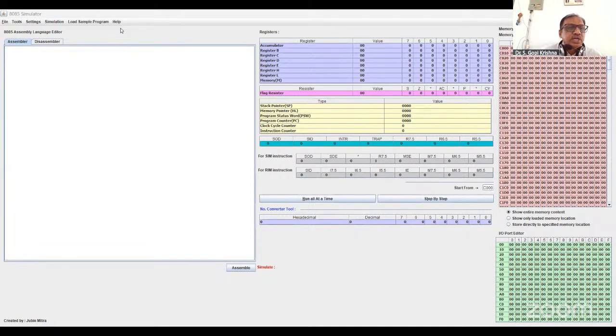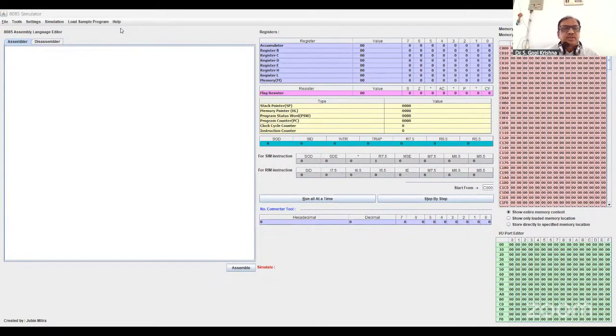Then LHLD, load H and L registers direct. The instruction copies the contents of the memory location pointed out by the 16-bit address into L, and copies the contents of the next memory location into the H register. The contents of the source memory location are not altered.